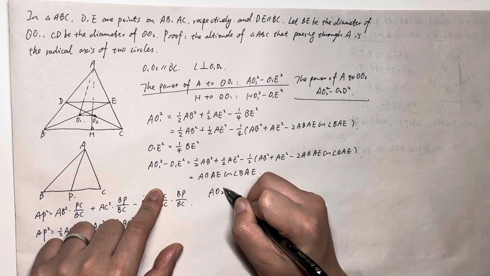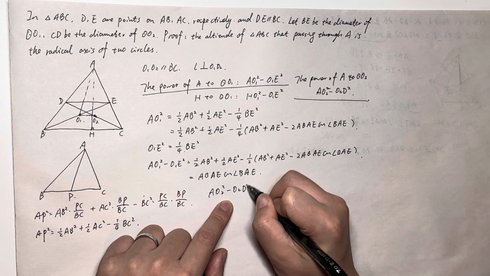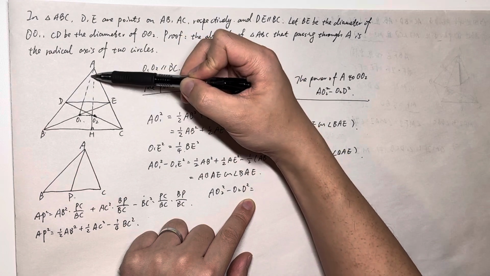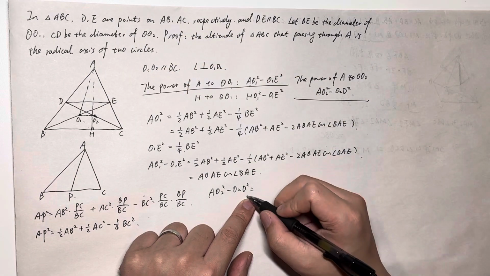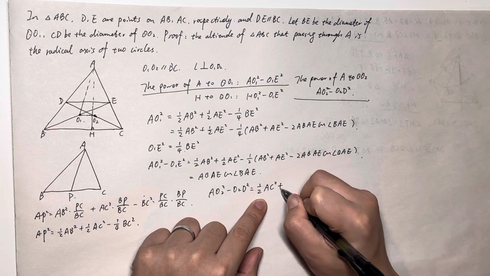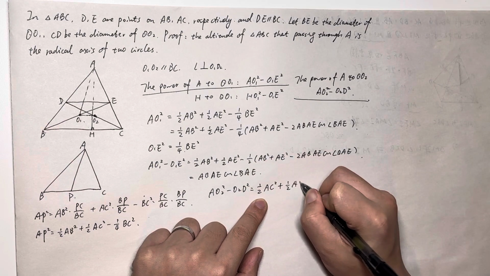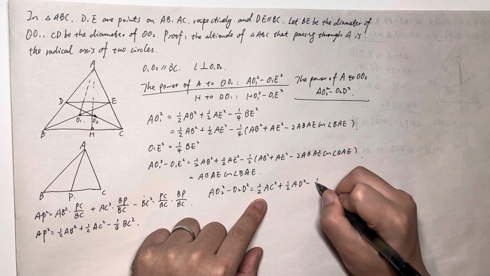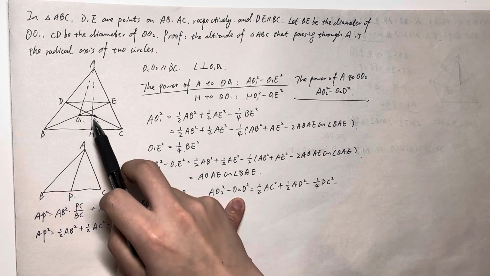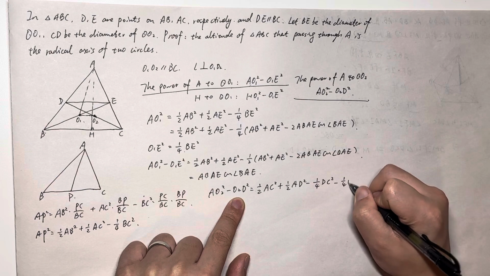Similarly, we can get AO2 squared minus O2D squared. In triangle ADC, we calculate AO2 first: AO2 squared equals half of AC squared plus half of AD squared minus a quarter of DC squared, minus O2D squared, which is also a quarter of DC squared.